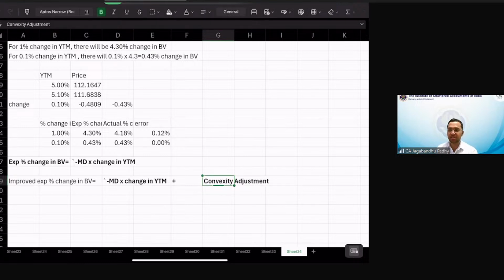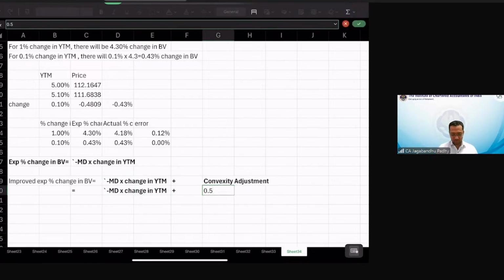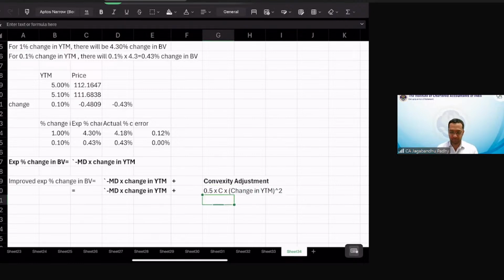So that's minus modified duration into change in the YTM plus the convexity adjustment. Now, what is that convexity adjustment? The convexity adjustment is 0.5 into convexity number into the change in YTM square. This is the additional convexity adjustment.